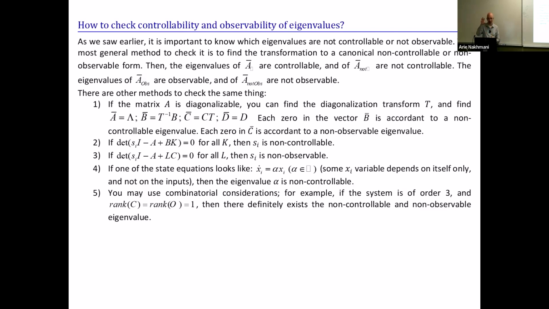Similarly, if you have 0 in matrix C bar, which is a transformed matrix C, this is C times T. If you have 0 there, this means exactly the same thing that we've seen on the board there, which means Y is not including any information on that particular state, on that particular x, right?